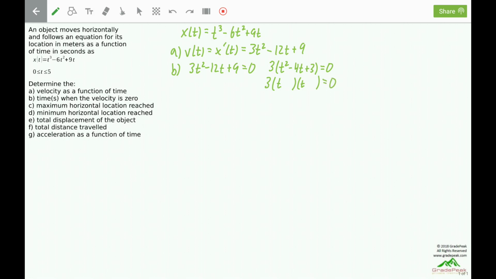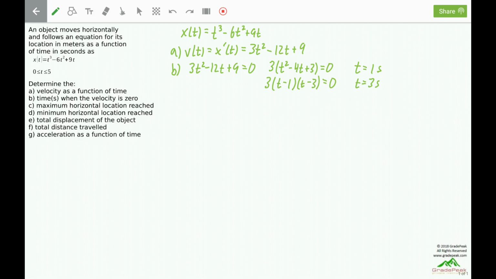We need two numbers that multiply to be a positive 3 and add to be a negative 4, and negative 1 and negative 3. We'll make that happen. So it looks like we have t equals 1 second and t equals 3 seconds.